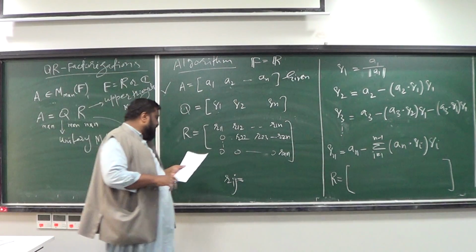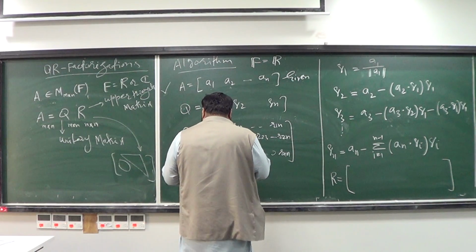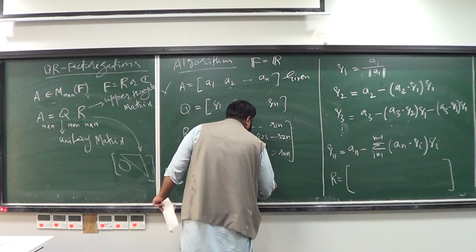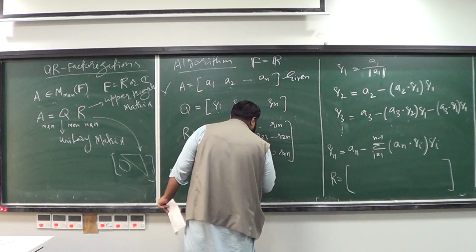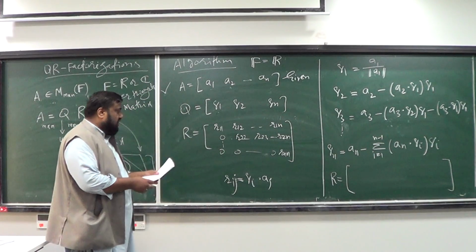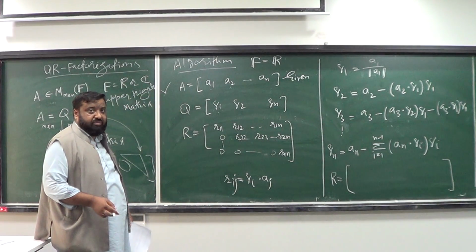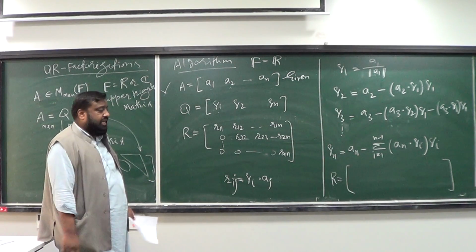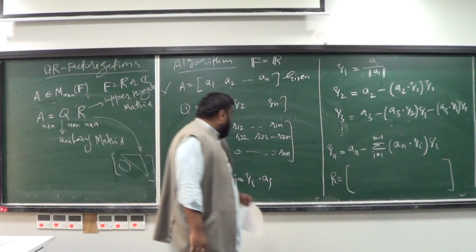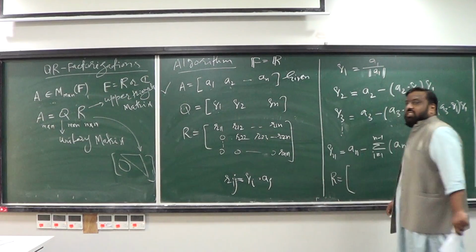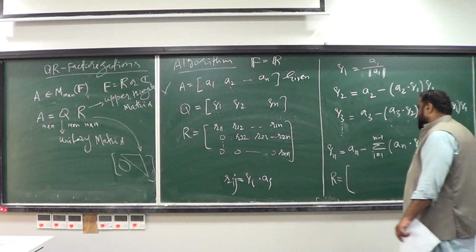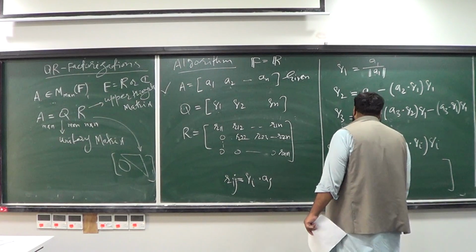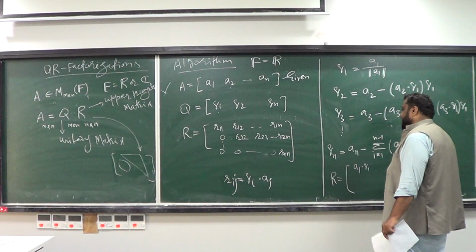So the Rij is going to be Qi dot Aj. Okay, Qi dot Aj. By the dot I mean the dot product in Rn actually. Okay, so the R matrix is then going to be, I can write this as, A1 dot Q1. This will be the first entry.